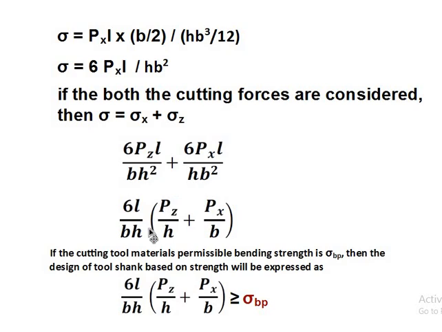If you add them together, finally you will get 6L divided by BH into PZ, that is vertical direction load divided by H, plus horizontal direction load divided by B. If the cutting tool material permissible bending strength is sigma BP, then the design of the tool shank based on strength will be expressed as 6L divided by BH into vertical direction load divided by H plus horizontal direction load divided by B, that should be less than or equal to the permissible bending strength.